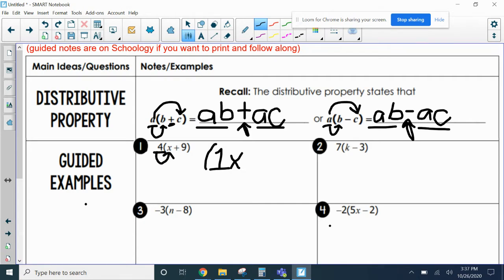So I'm going to put that 1 there to help you out so you can see it as we go through it. So I have 4 times 1x plus 9. And then we would go ahead and multiply that 4.